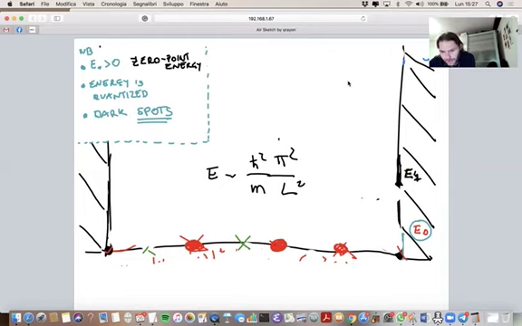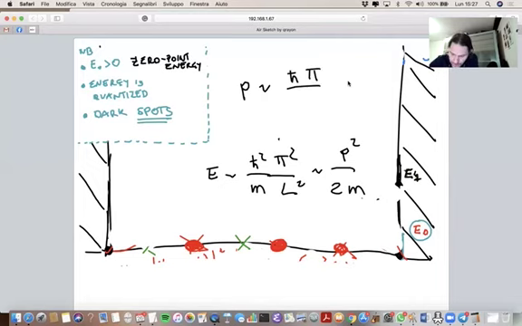Okay. But we know that this is typically the momentum squared divided by 2m, which basically tells me that my momentum is of the order of h bar pi over L. So basically, the uncertainty of my position is of the order of the size of the box, because we have a distribution which is sort of distributed inside a box.